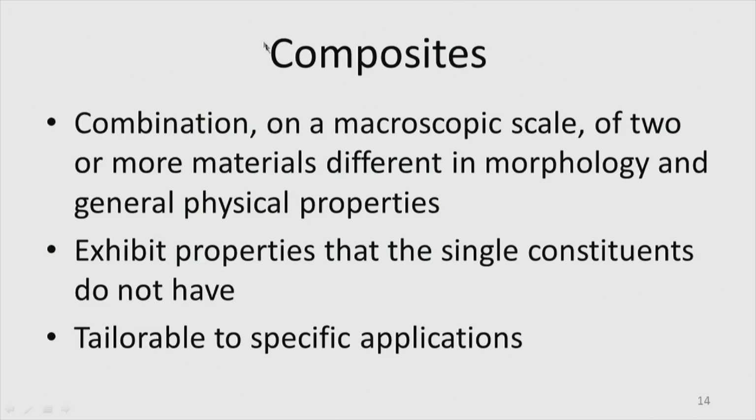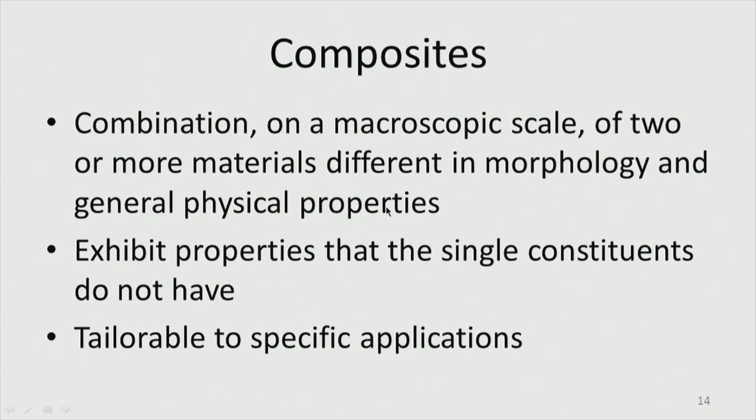Okay. So, composites, what are composites? We can have a combination on a microscopic scale of 2 or more materials, which have different physical properties. So, I can put in glass beads in polymers, I can put in carbon fibers into the polymers.